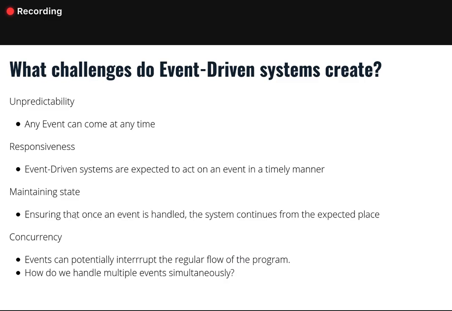If an event occurs and we start dealing with that event and then another event occurs, what happens? Is it going to cause the first event that we're working on right now to break? Are they both going to run simultaneously and mess with the same piece of data at the same time? How do we handle that?